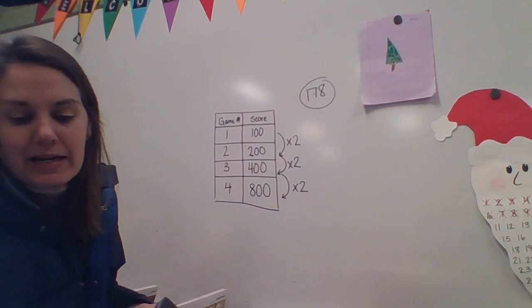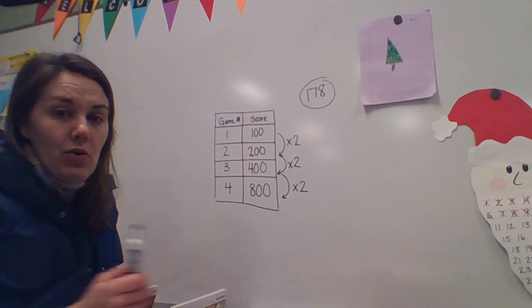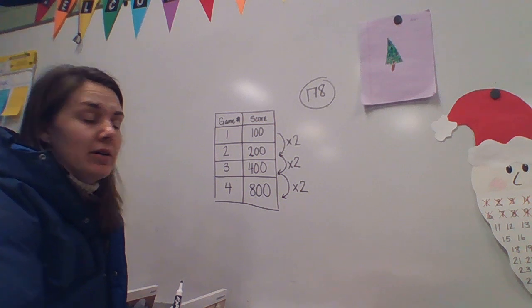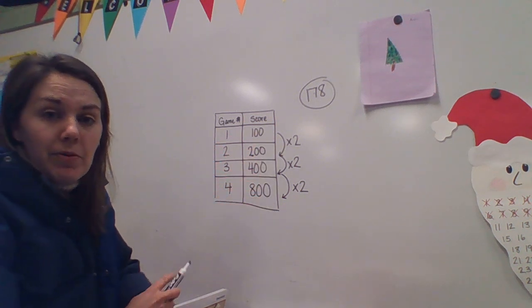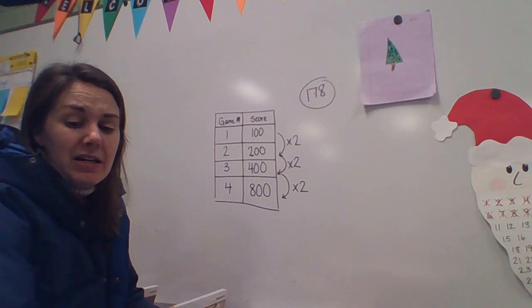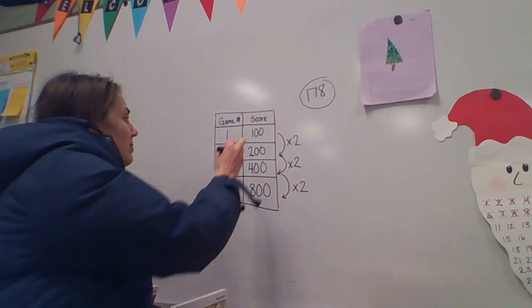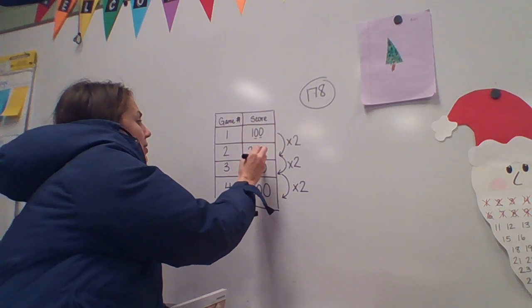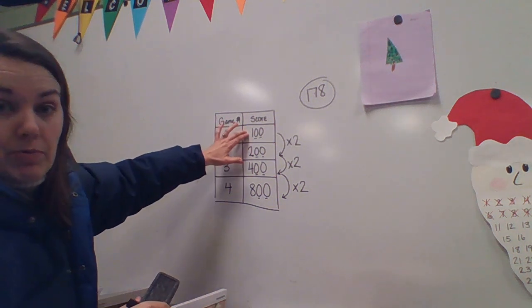All right, number 8 says, what is another pattern in Lori's score? So we could look for, within our answers, some other patterns that we could see. So I'm just going to name a few of what we see. Well, each number ends with 2 zeros, right? Telling us that we're working with hundreds.